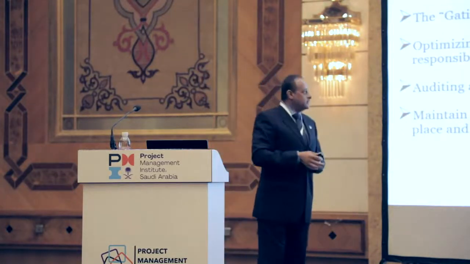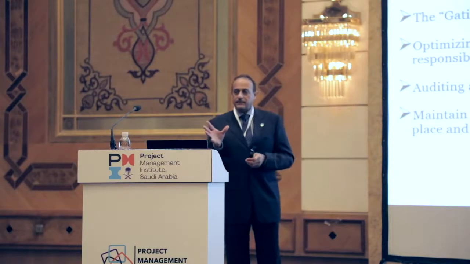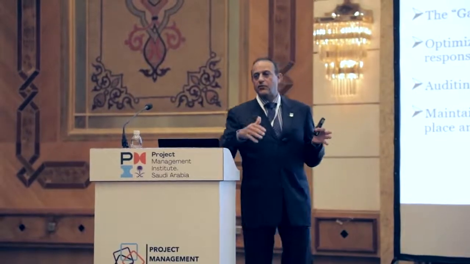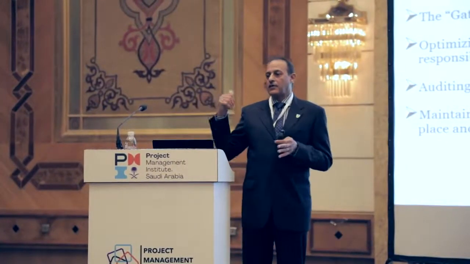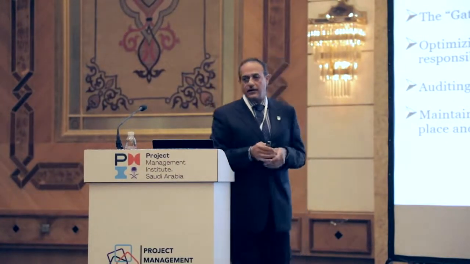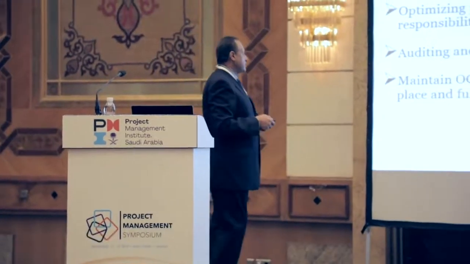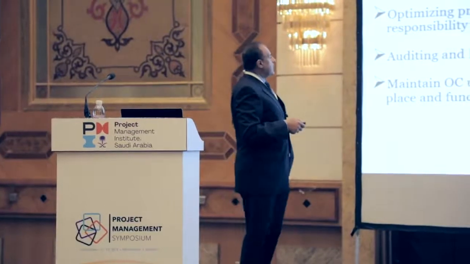The gating system brings structure and ensures that the front end of the project is done properly before you go into execution, and therefore you avoid the delays, change orders and PCRs in execution.